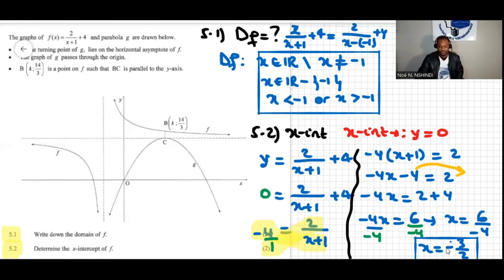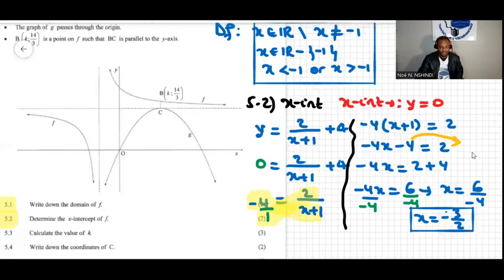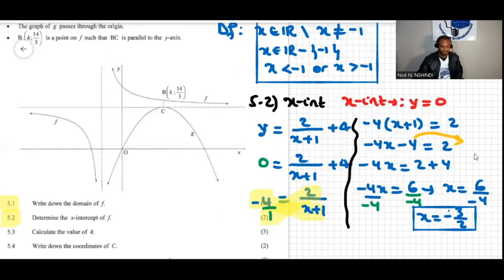Now, the following question will be question 5.3. The question says, determine, calculate the value of k. Let's see, k is the x coordinate of B here. So if I want to find the value of k, what can I do here?